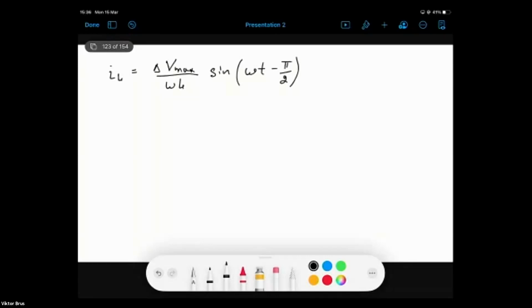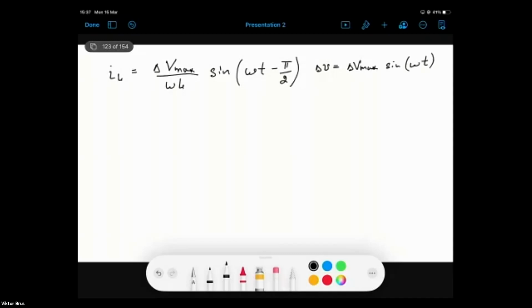And next to it, I would like to write again the expression for the instantaneous voltage, which we actually apply to the circuit: delta V is equal to delta V maximum sine omega t.